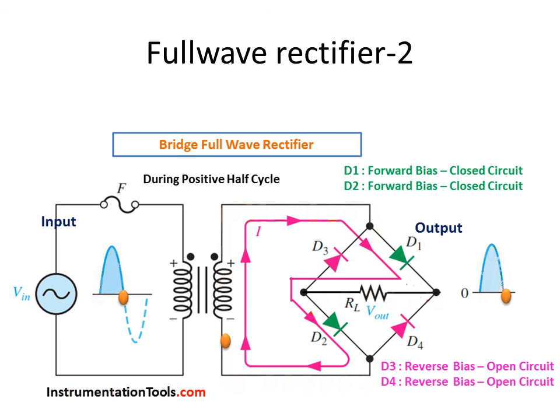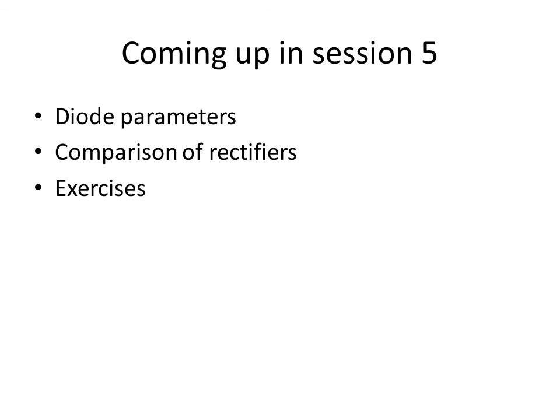Okay, with that we will wind up the rectifier section. Next class we will do diode parameters and we will solve some problems. So this is what we are going to do in the next session. We will see diode parameters, compare various features of the rectifiers, and then we will solve some exercises.